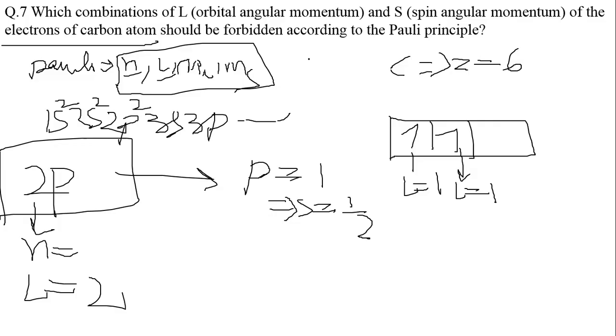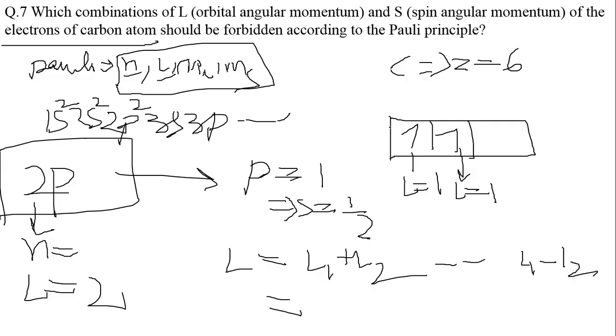Now we consider the other two quantum numbers, that is ml and ms. When the two electrons are present, what will be the resultant L? This will be L1 plus L2 down to L1 minus L2. For both electrons l is 1, so it will be 1 plus 1 and 1 minus 1. So it will be 2 or 0.